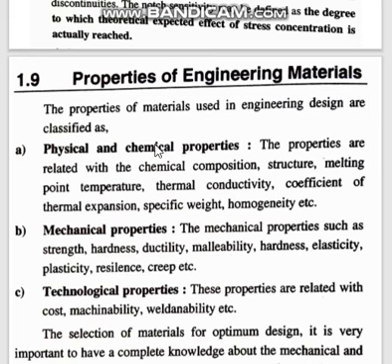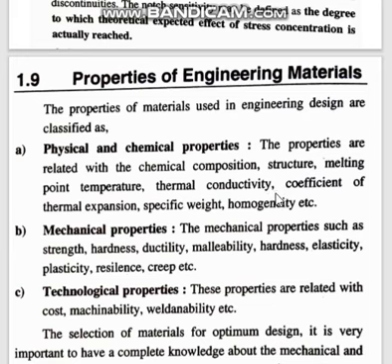What are physical and chemical properties? The chemical composition means how much iron is there, how much carbon, how much chromium, nickel, magnesium, manganese is there, all those things. What is the structure, whether it is BCC structure or FCC structure. BCC means body centered cubic, FCC means face centered cubic, and any other type of structure. What is the melting point temperature, since different materials have different melting points.